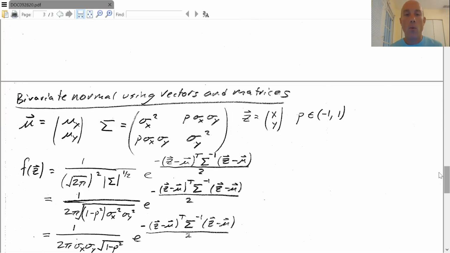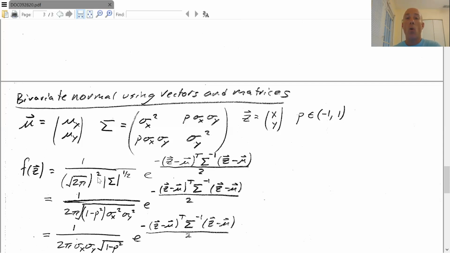When I do that, we're going to have this formula here. This is actually the multivariate normal density, and it works for any number of dimensions as long as it's multivariate normal. We have the square root of the determinant of sigma, and the square root of 2 pi to the power 2.